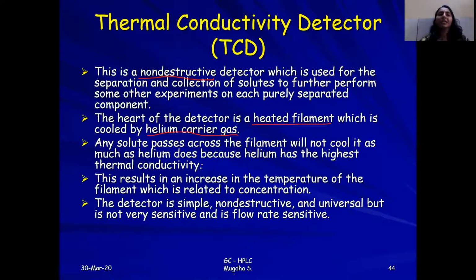This results in an increase in the temperature of the filament, which is related to the concentration. The detector is simple, non-destructive, and universal, but is not very sensitive and is flow rate sensitive. Very high flow might not give you proper readings. So for that reason, you use this, but to an extent where sensitivity can be neglected to some extent.